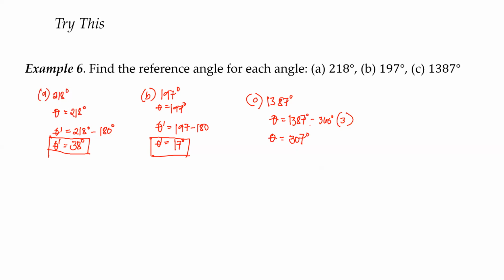So we will measure our reference angle from our positive x-axis, and we will use 360. So theta prime is equal to 360 degrees minus 307 degrees. So theta prime is equal to 360 minus 307, and that is 53 degrees.